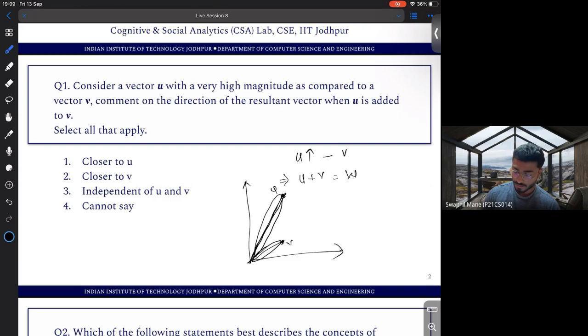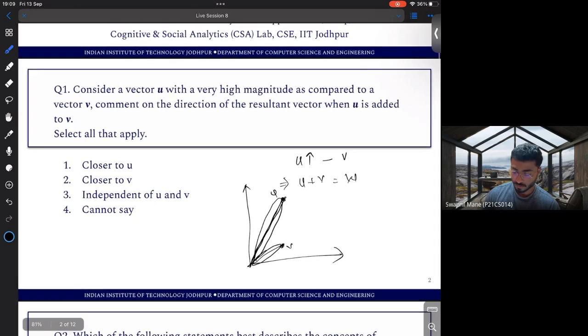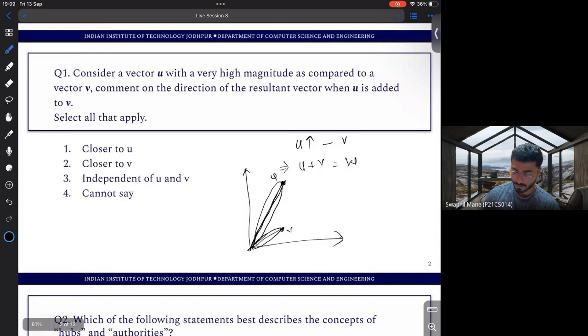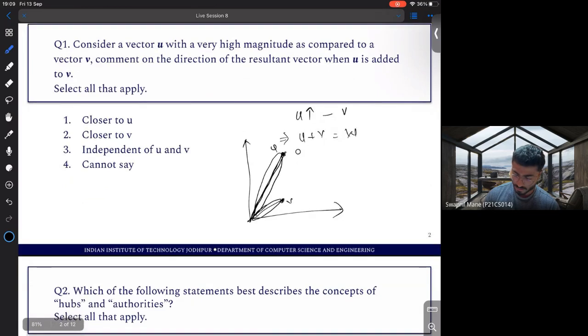The resultant vector is u plus v. So what could be the direction? Is it closer to u or closer to v? After the addition, you will get a vector near u, somewhere similar to this location.